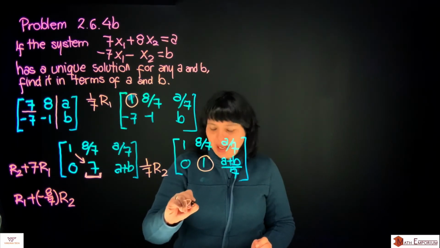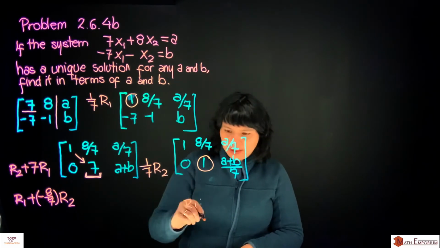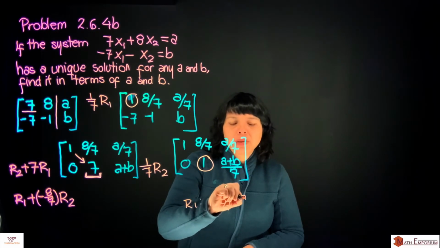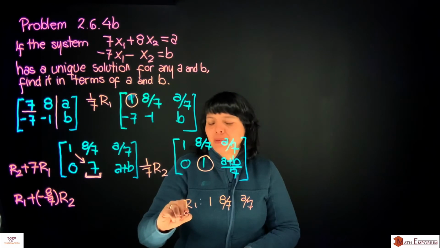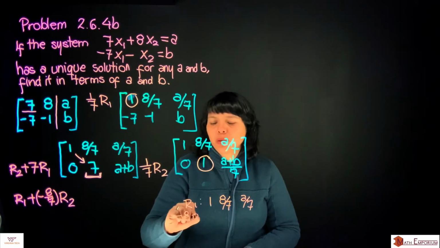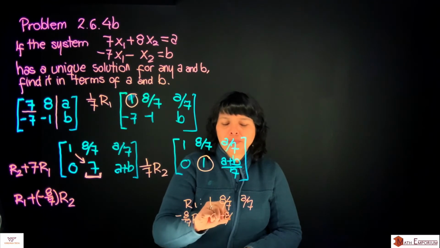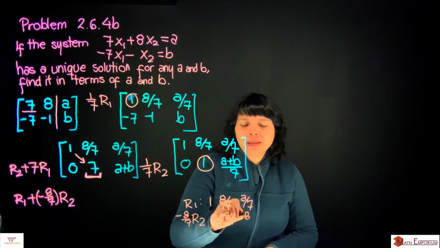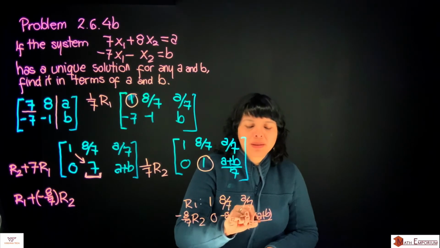Row 1 we have already: 1, 8 sevenths, a over 7. If I multiply negative 8 sevenths times row 2, I get 0, negative 8 sevenths, and then negative 8 sevenths times a plus b divided by 7.